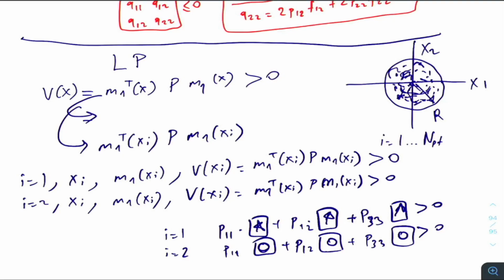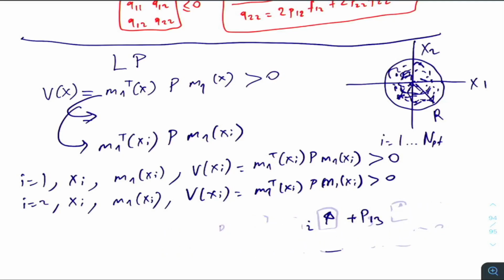You are basically sampling from that R ball, from state space, and imposing the positive definiteness of the Lyapunov function constraints. You are just generating constraints that you are going to impose on p values. This is what I'm saying.